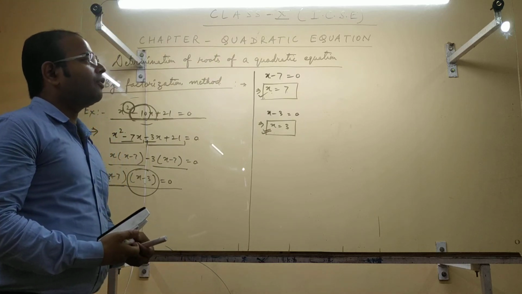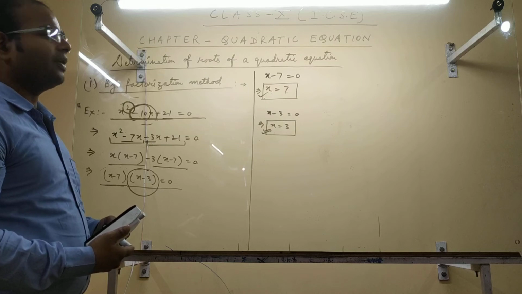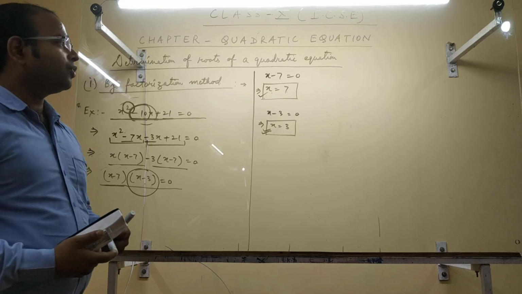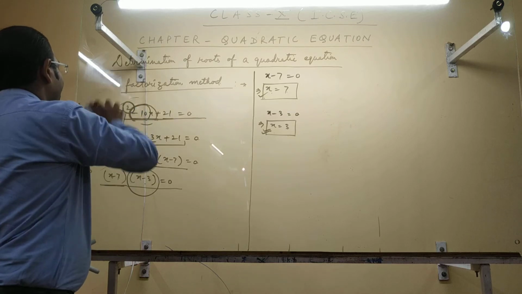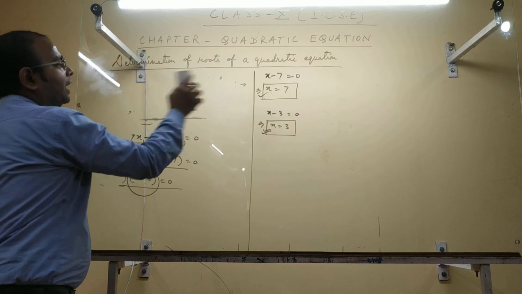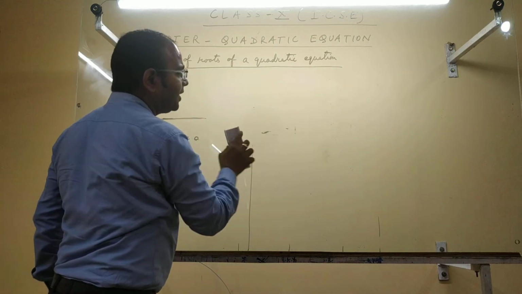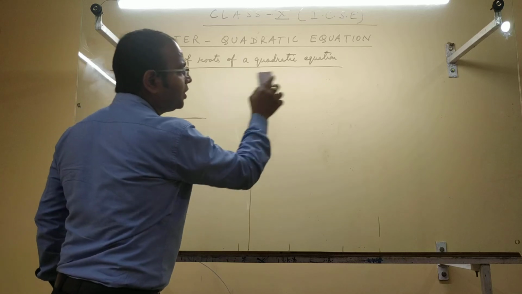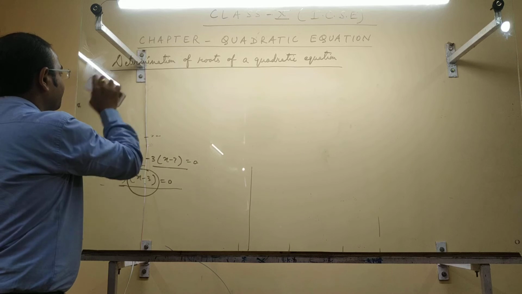This method you have already known in the previous classes, but still you have to apply it, and you have to do a lot of questions on this basis. But this method has certain limitations. Every time you are not able to factorize the quadratic polynomial.